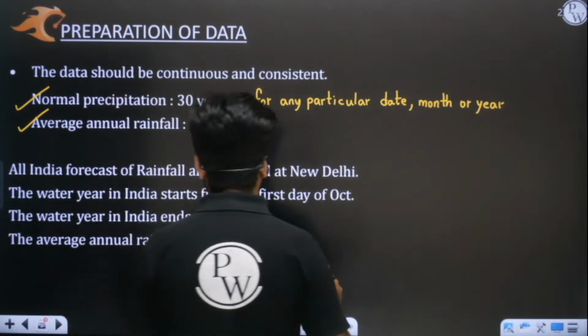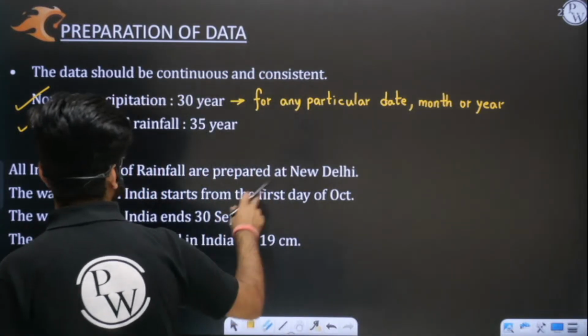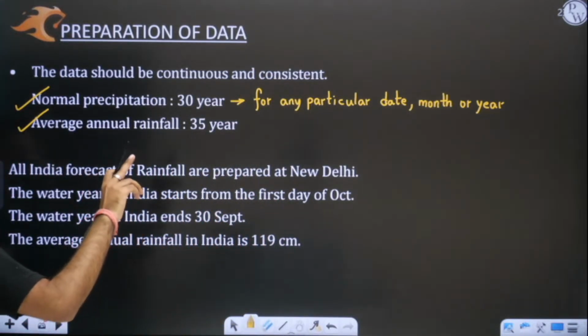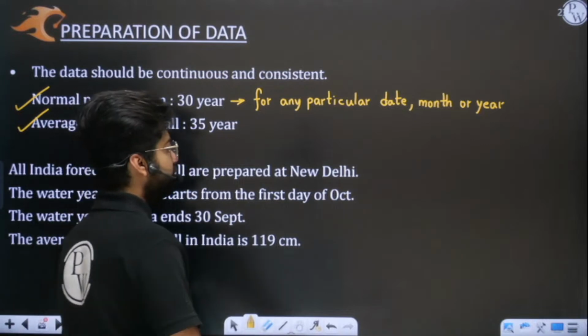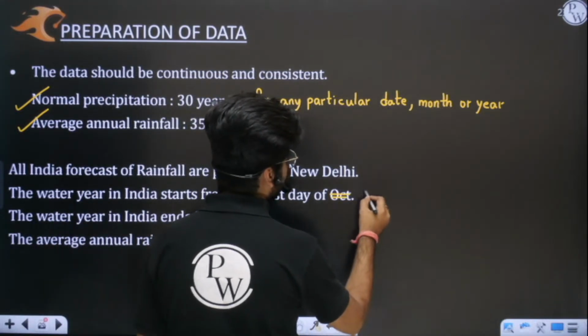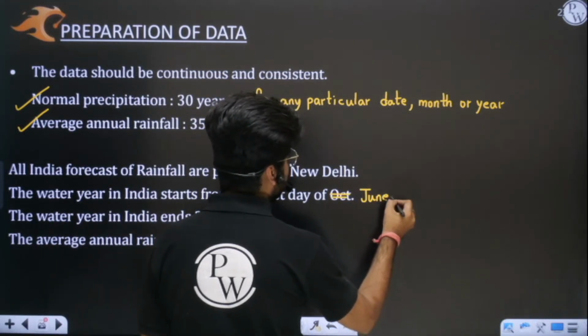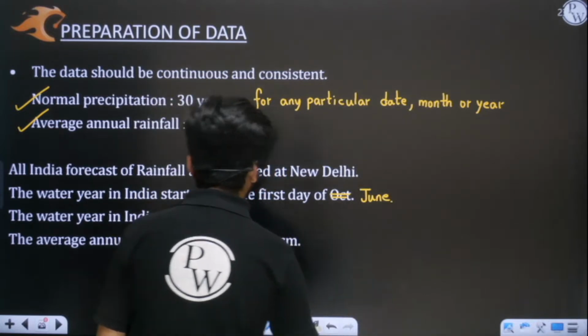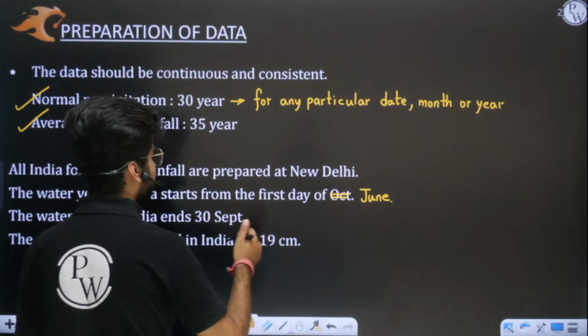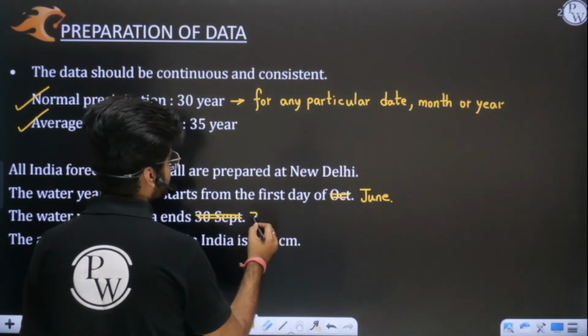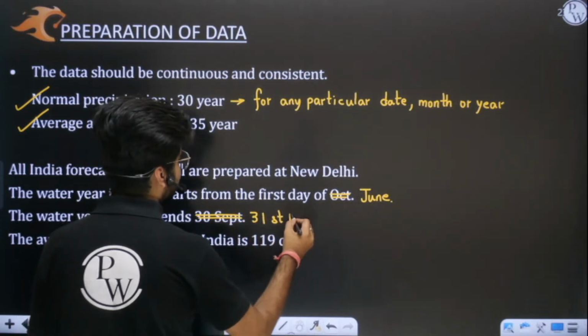This October thing is not in India, it is in America. In India, the first day of June is the beginning of the water year, from 1st June to 31st May.